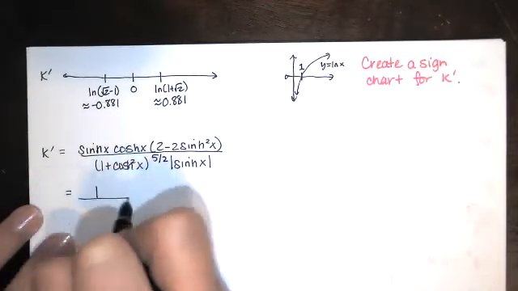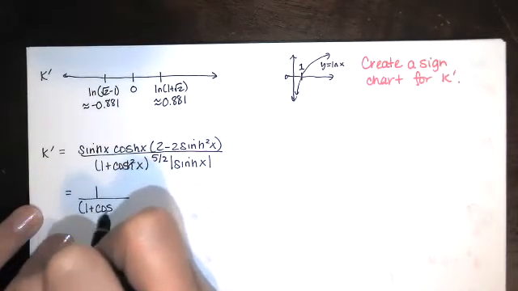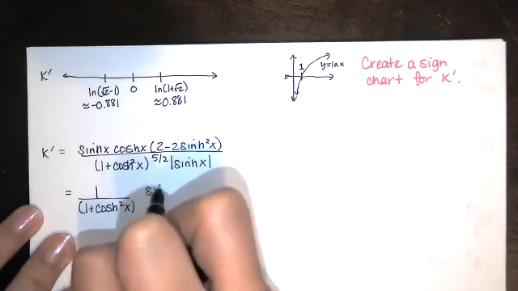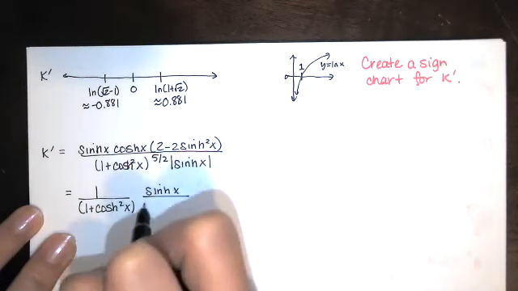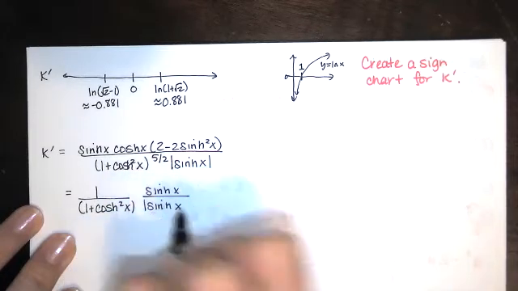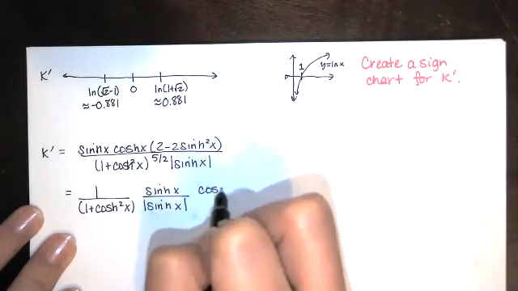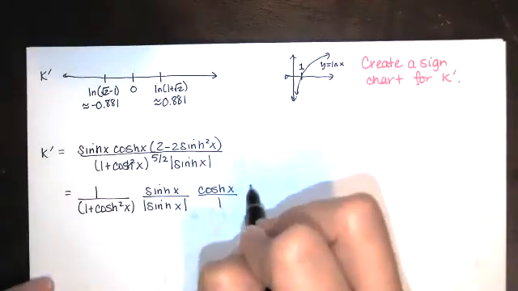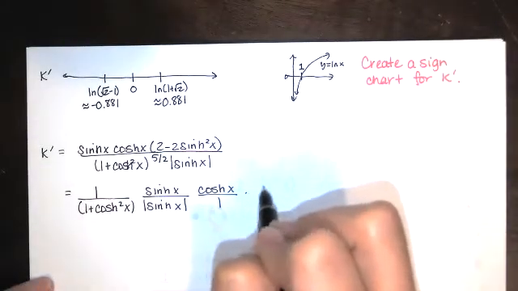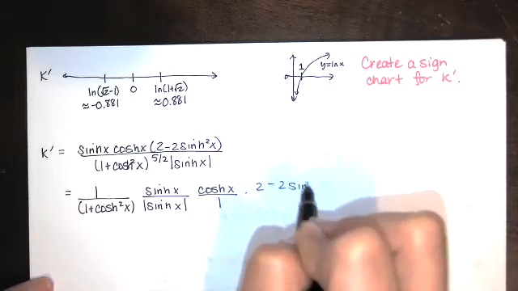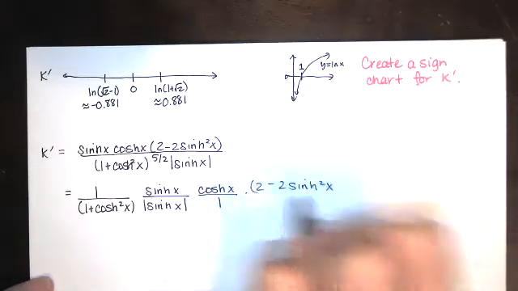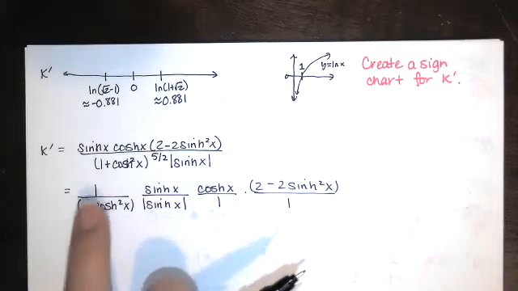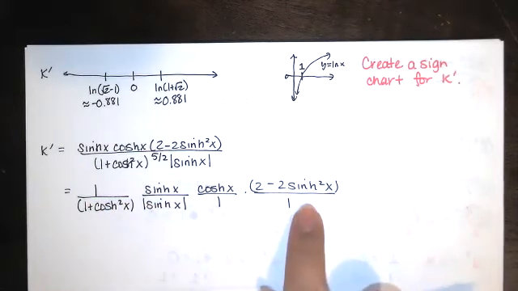I think I want to write it this way. I want to think of each of these factors separately. And then we've got the 2. And of course, you could have factored out a 2 as well. I just chose not to. So k prime is this times this times this times this.